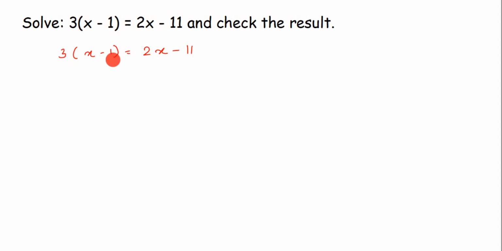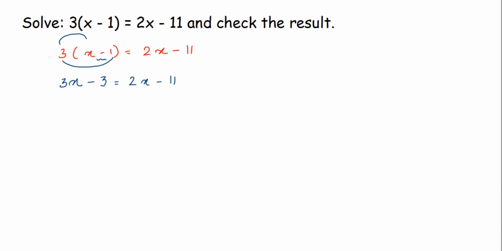So let's multiply. 3 times x is 3x. 3 times 1 is 3, but here we have a negative sign, so put the negative sign. Now we have 3x minus 3 equals 2x minus 11. On the right side we cannot solve because again we have a variable and a constant, we cannot subtract.